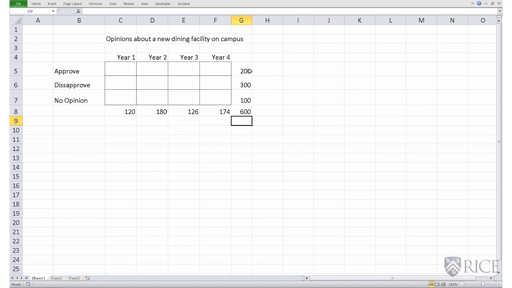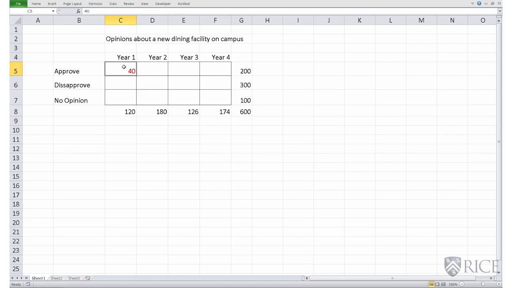Now notice that 200 is 1/3 of 600, or in other words, 1/3 of students who participated in the survey approved of the dining facility. So if we were to fill up these boxes in the first row here, we would expect that 1/3 of year 1 students approved of the dining facility, 1/3 of year 2, 1/3 of year 3, and 1/3 of year 4. Or in other words, the very first box would be 1/3 of 120, which is equal to 40 students.